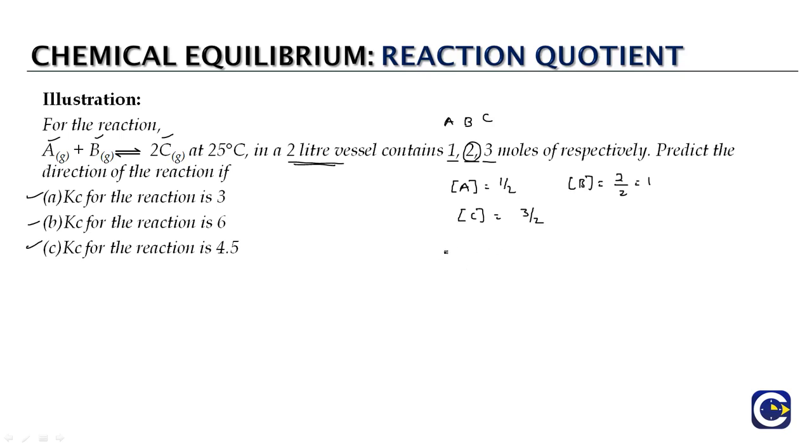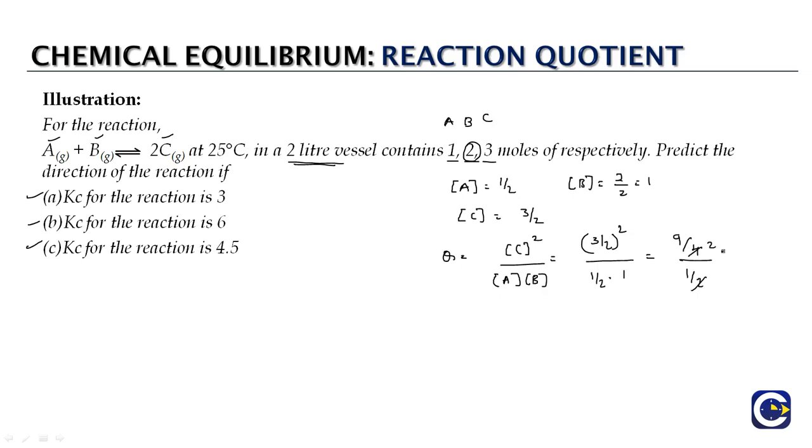And at the given stage, the Q value, the reaction quotient, will be the molar concentration of C to the power 2 divided by the molar concentration of A into the molar concentration of B, which is (3 by 2) whole square by (1 by 2 into 1), which is 9 by 4 divided by 1 by 2.